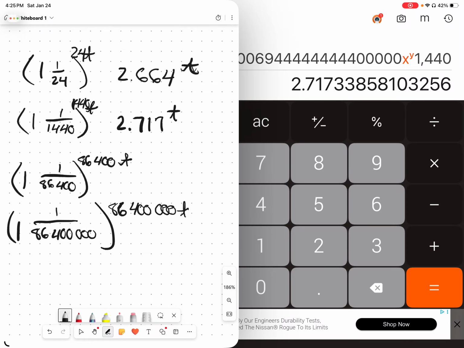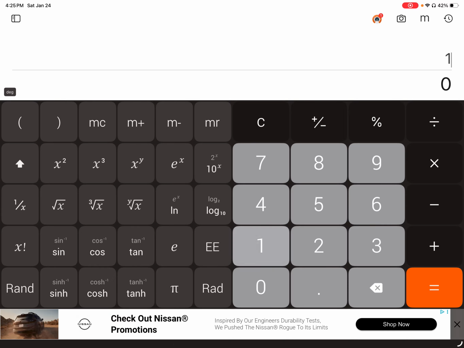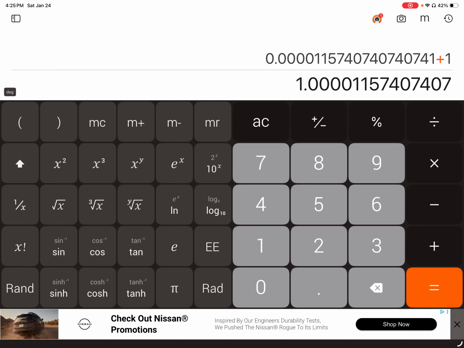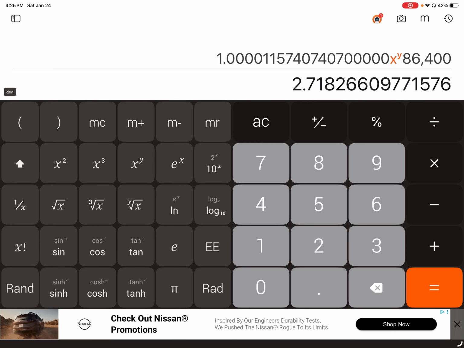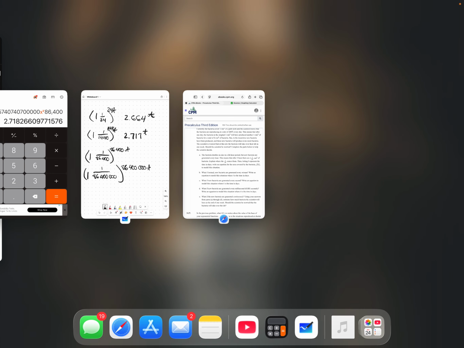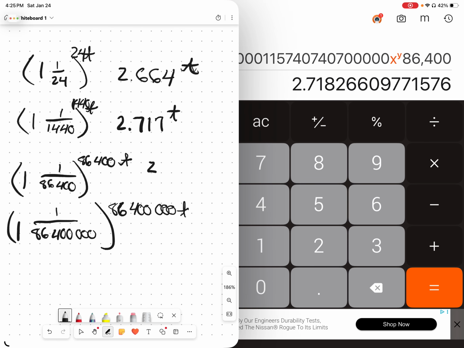Okay, if we do it again, 1/86,400 plus 1, raised to the 86,400, we get 2.718. So 2.71826 to the t, right?